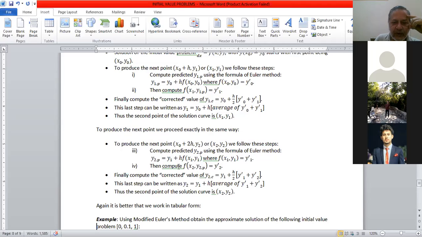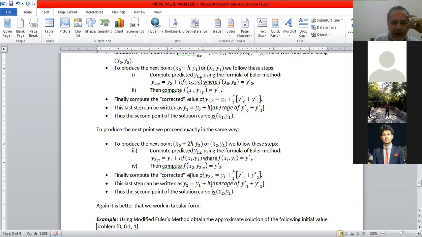Then we compute function value at x2, y2 predicted, and that we call derivative value at x2 y2, or simply the second derivative value.